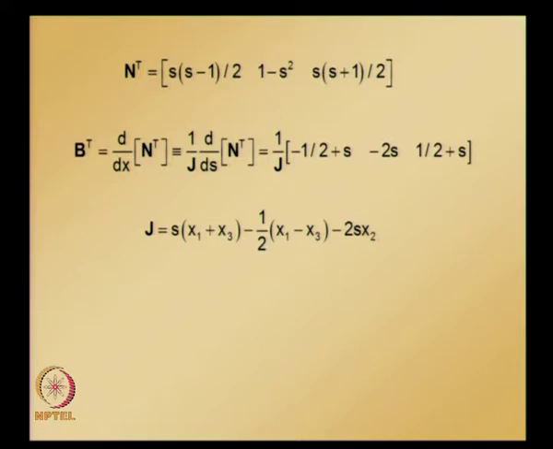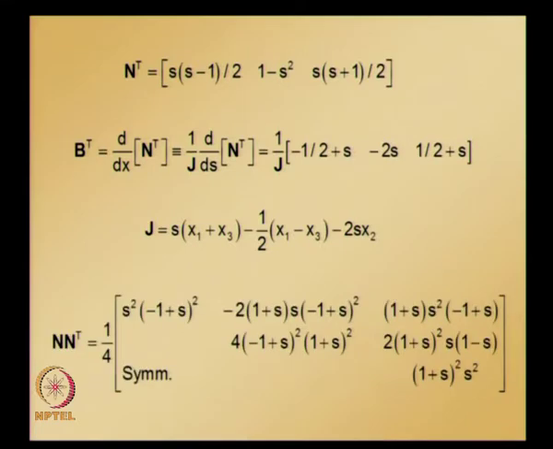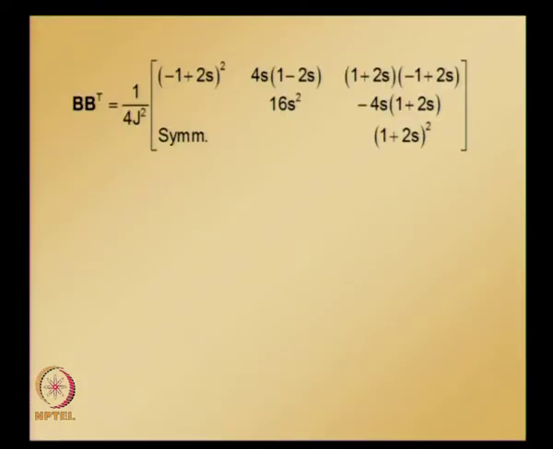And now n transpose is given by this one, and similarly B transpose can be computed, and also we have this k alpha and r beta.